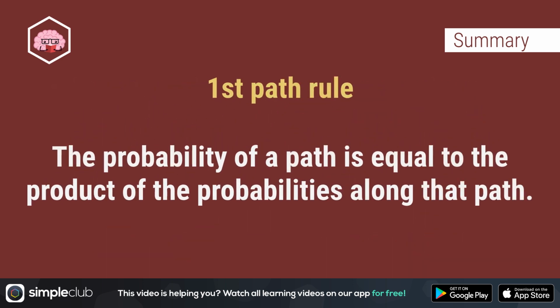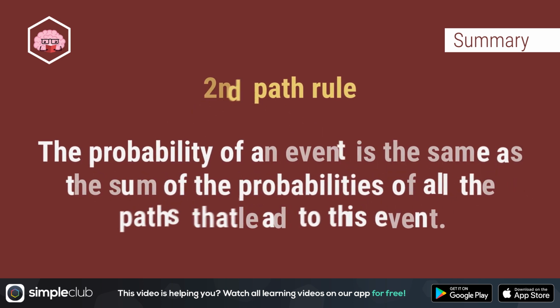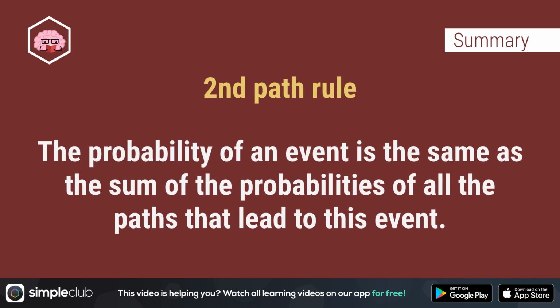The first path rule states that the probability of a path is equal to the product of the probabilities along that path. The second path rule states that the probability of an event is the same as the sum of the probabilities of all paths that lead to this event. Remember that and you'll find everything much easier.